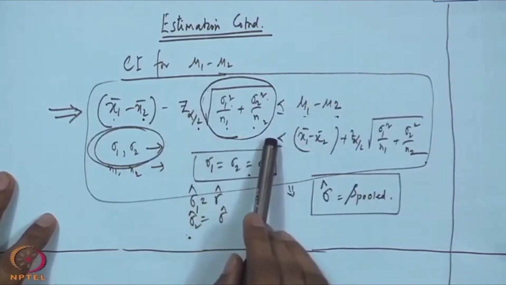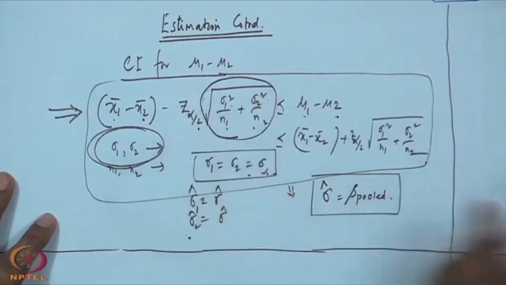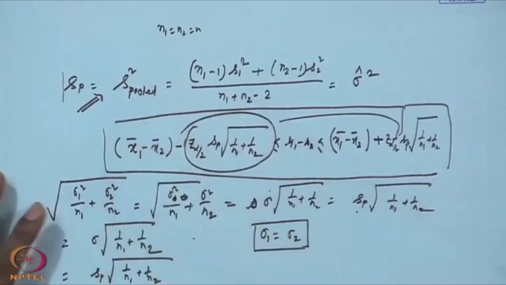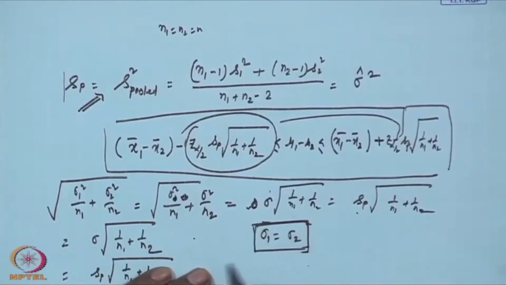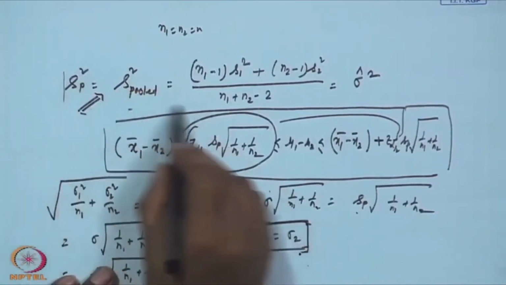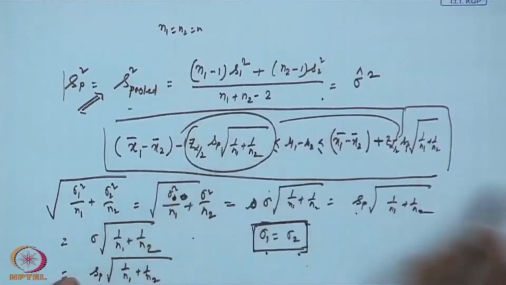If the sample size is small and sigma 1 and sigma 2 are not known, then you have to first find out whether the assumption sigma 1 equal to sigma 2 holds. That assumption has to be checked. If that assumption is true, then you calculate S p square, formulate like this, and go for the T distribution.